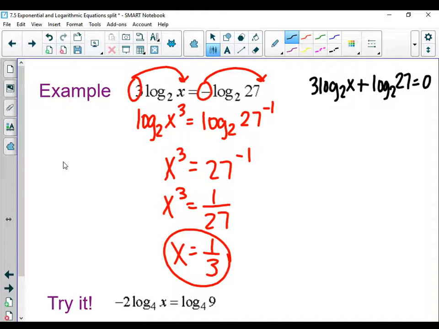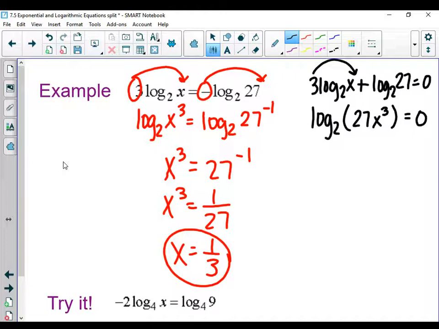Then I pull my 3 up. And since I'm adding, I'll multiply. So then I get 27x cubed on the inside. Okay, I just didn't write the 27 the opposite way. I can't stand it when it's behind it there.